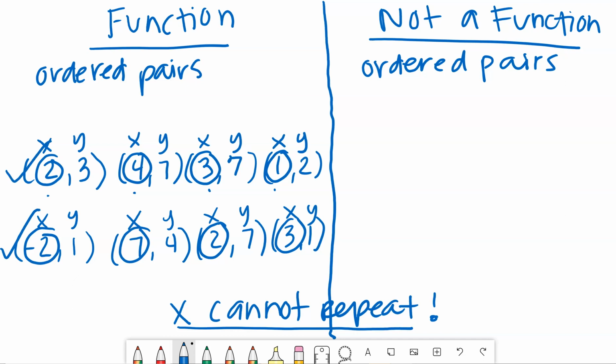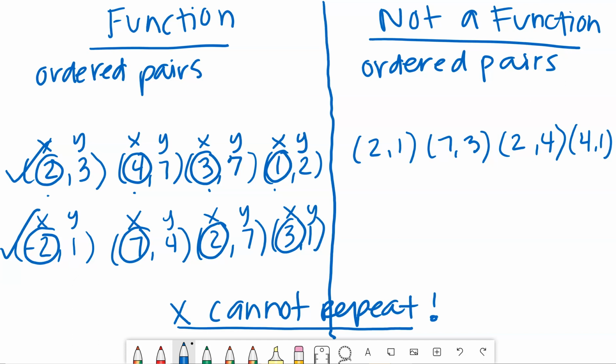Now let's look at not a function so you can see how it looks. We have (2, 1), (7, 3), (2, 4), and (4, 1). Again, we label the x and the y, and we're going to circle all the x's.